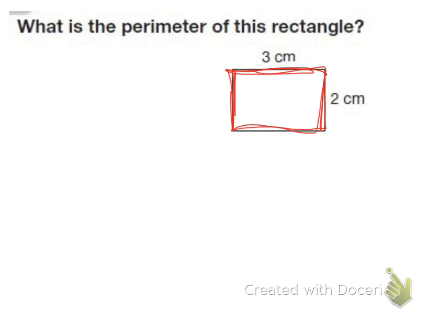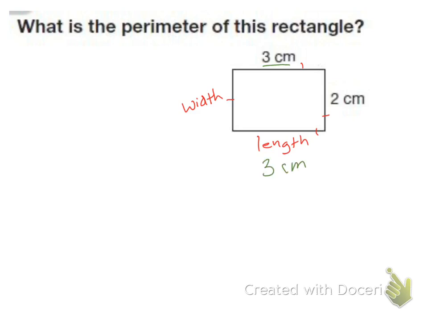Okay? So when we add up the perimeter, we always add up the length and the width of each side. Now, when we're doing perimeter, we think of length as being the longer side and width as being the shorter side. Okay, so to find the perimeter, I need to add up all four of these sides. Well, I know on a rectangle that opposite sides are the same. So if the top is 3 centimeters, that means the bottom has to be 3 centimeters.